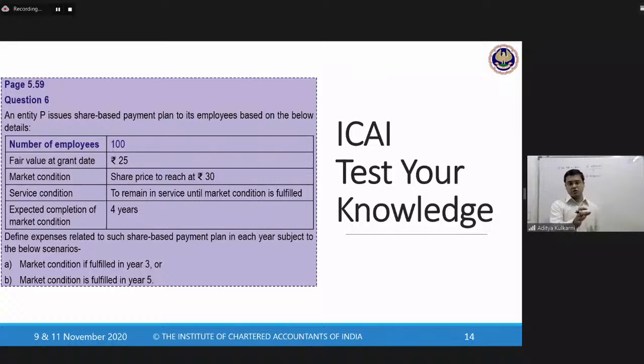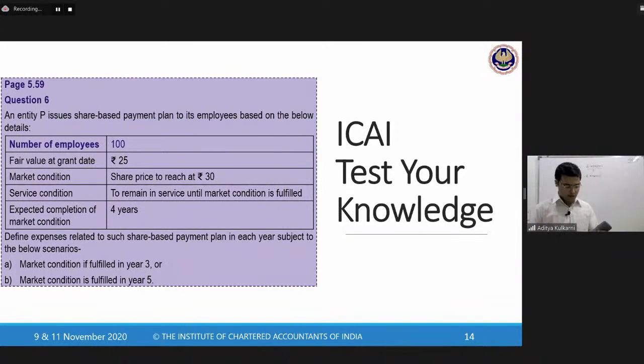In the first scenario, market condition is fulfilled in 3 years. So you will now have to change the service period from expected 4 years to 3 years. Why? Because the implicit service condition is to remain in service until the market condition is fulfilled.